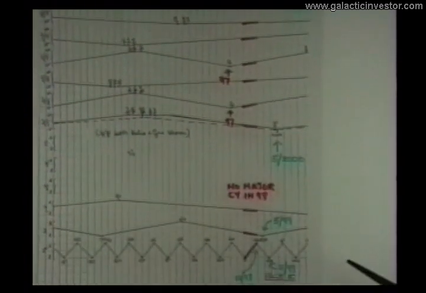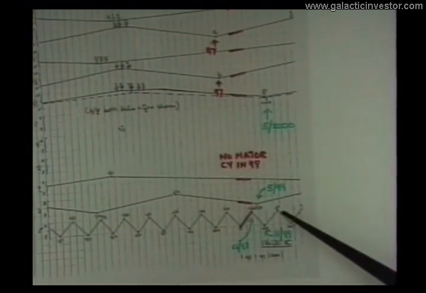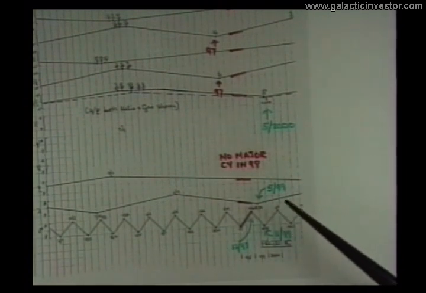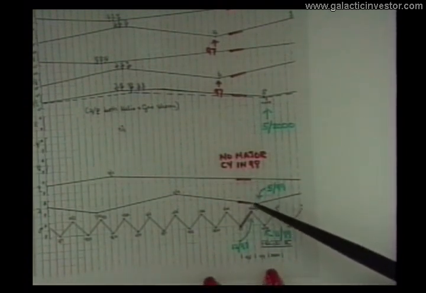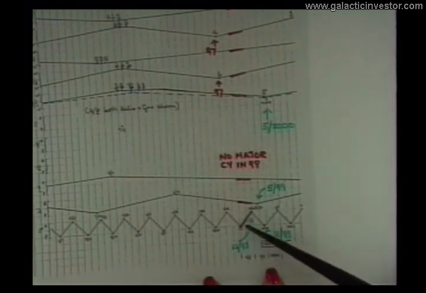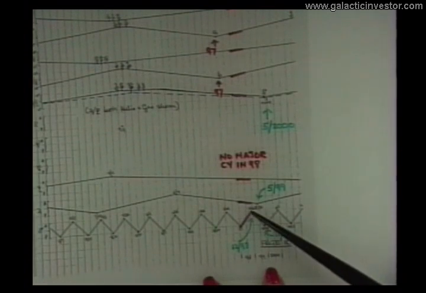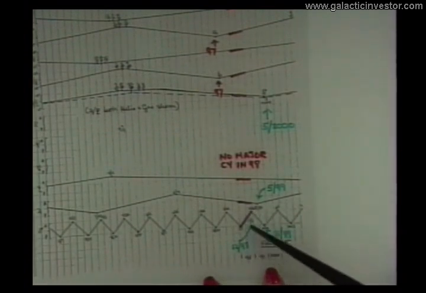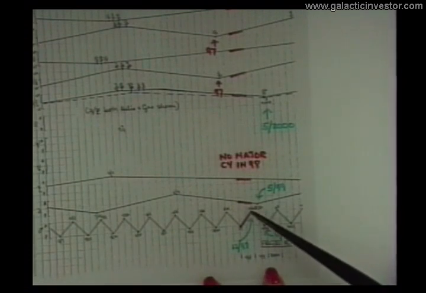When we move down to the bottom here for the aphelion and perihelion cycles, we have nothing again shown right here in 98. At the end of 98, we have the Mars aphelion occurring in December of 98. So that's our only cycle in December shown on these charts.